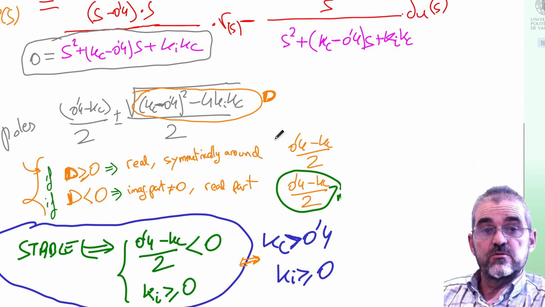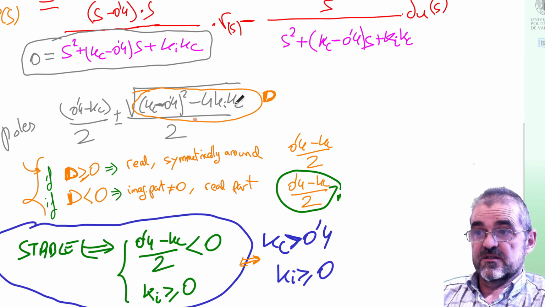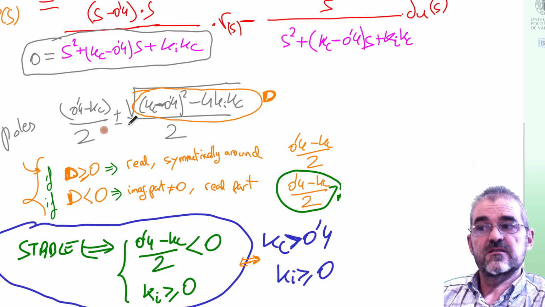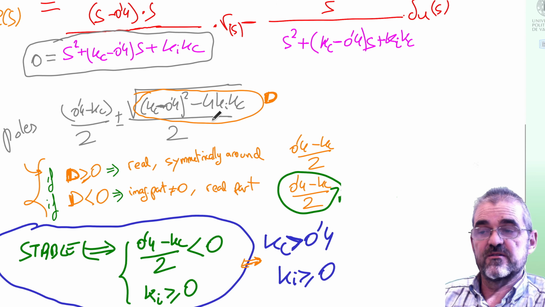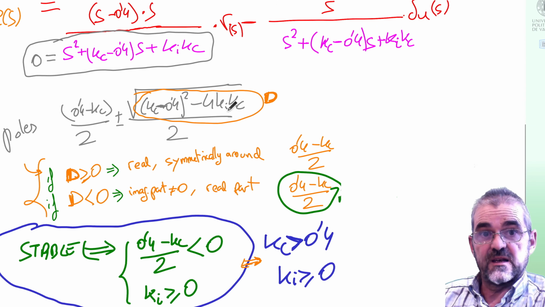So what is the root-locus technique? It's a technique that plots these poles as the parameters change, and in particular, at least in its easiest form, as Kc changes. But as I said, we need no root-locus methodology because we have a closed formula, so we can give values and compute the poles at will.